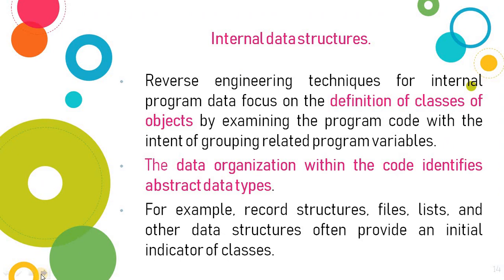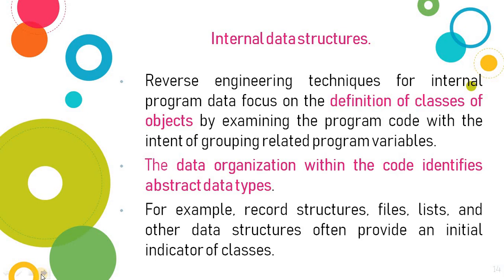From the internal data structure, we will focus on the definition of classes and objects. The reverse engineering activity tries to discover what the classes or objects are in this product. By getting that information, we will have an abstract data type structure. That's our major aim of this internal data structure analysis.